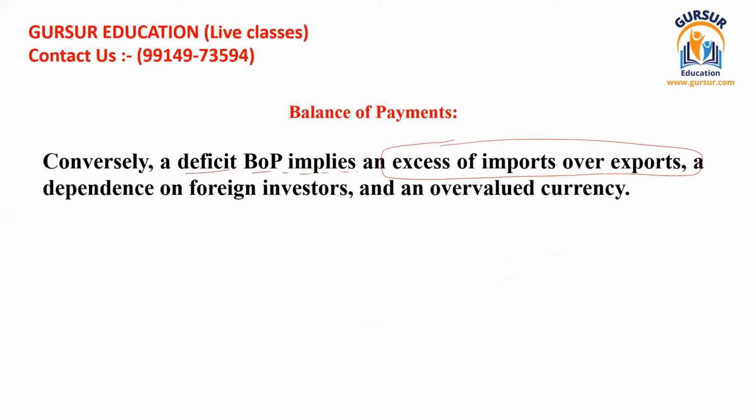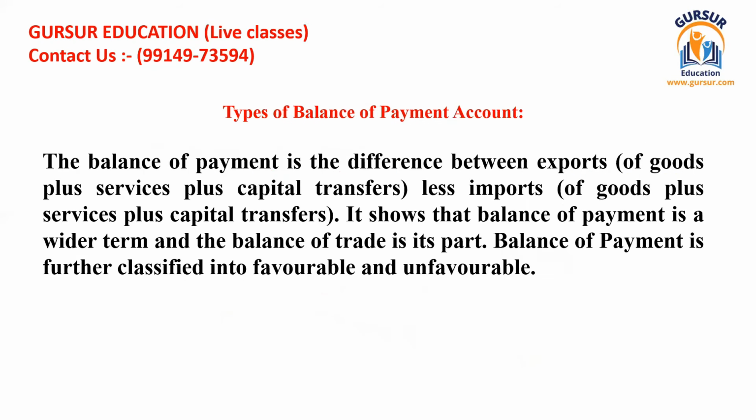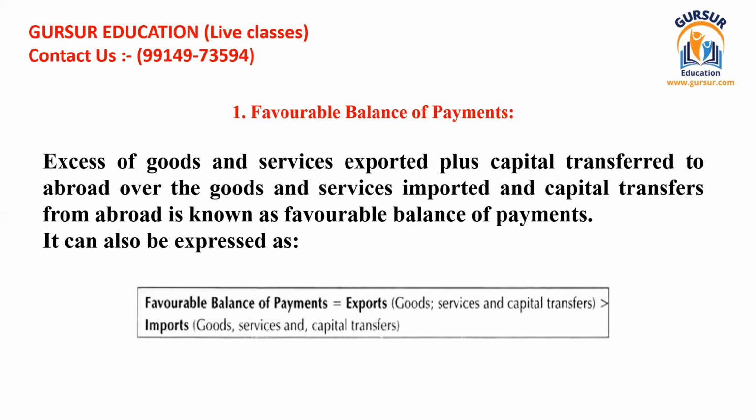Those were the basic two situations which can happen in the context of balance of payment. These are known as the two basic classifications: favorable and unfavorable. Favorable simply means when you are in the situation of gains, when your exports are greater than your imports.